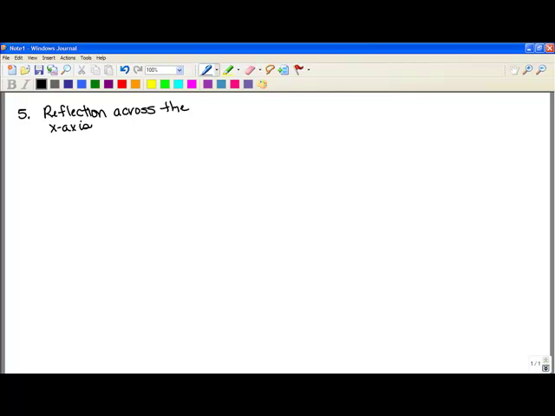And in order to do this, we need to multiply the function by -1. Another name for this is shifting the graph upside down.